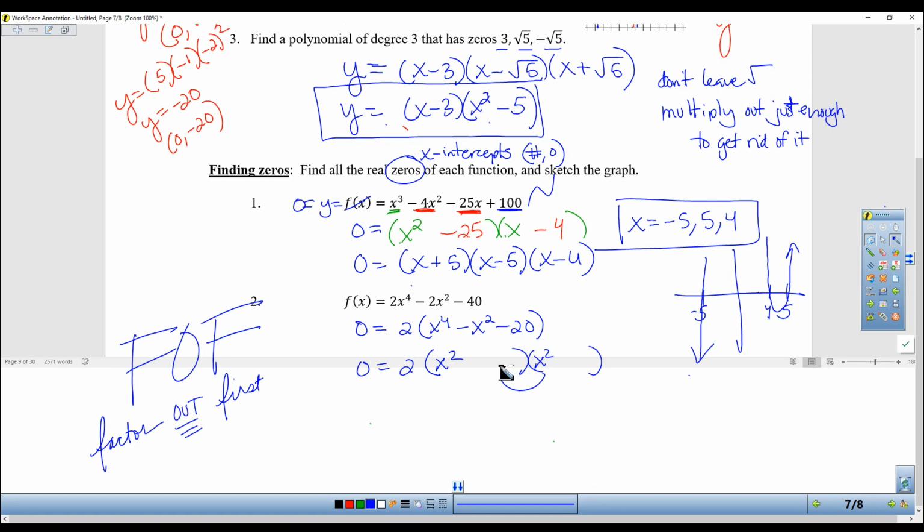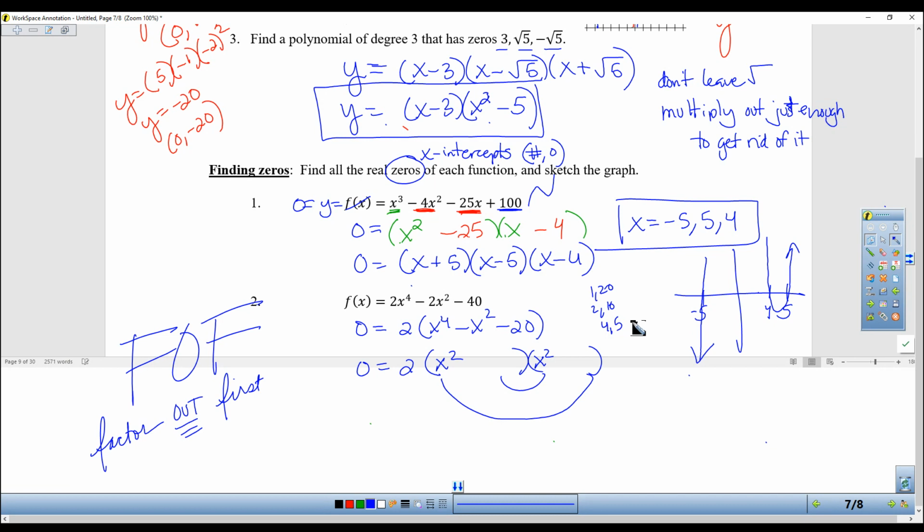And the inner is going to be something x squared and another something x squared, which has to make negative 1 x squared. My choices for 20: 1 and 20, 2 and 10, 4 and 5.